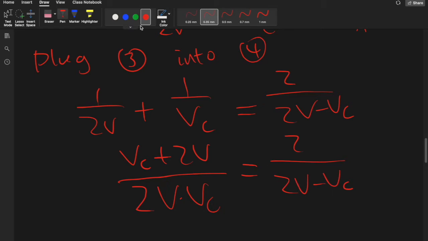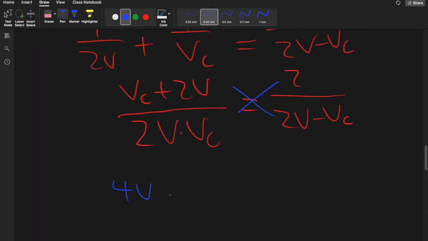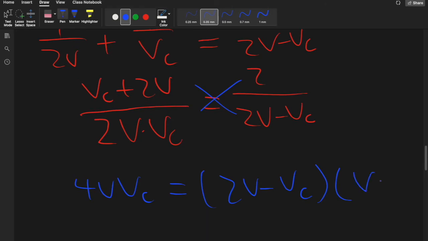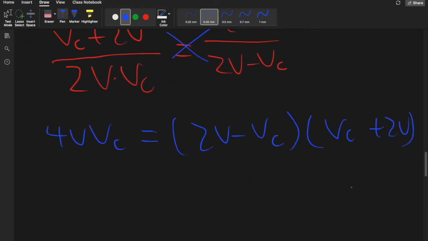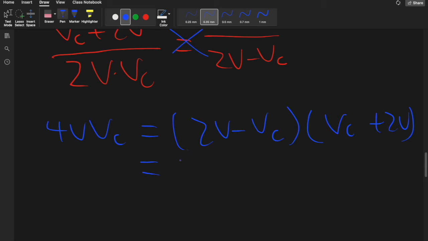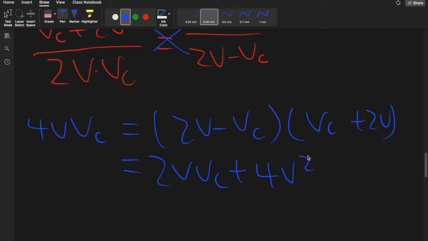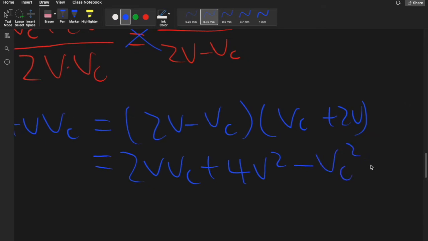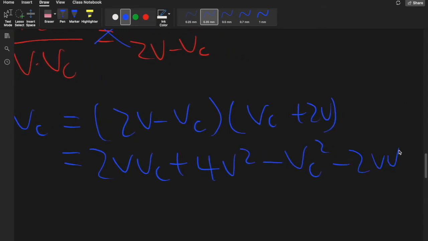Now I'm just gonna use cross multiply. So 4V VC is equal to 2V minus VC times VC plus 2V, which is equal to 2V VC plus 4V squared minus VC squared minus 2V VC.